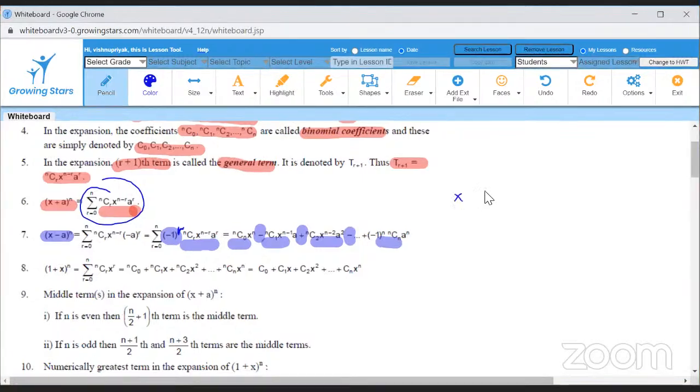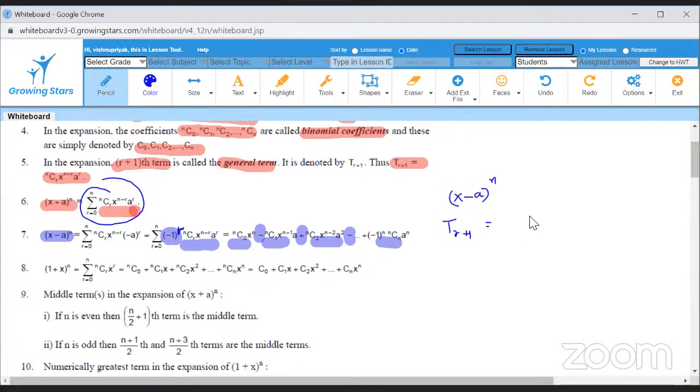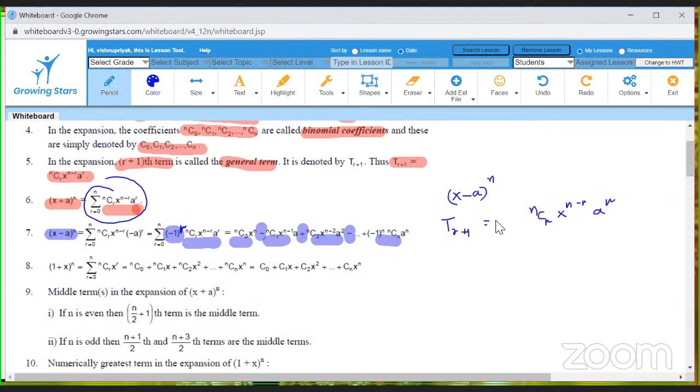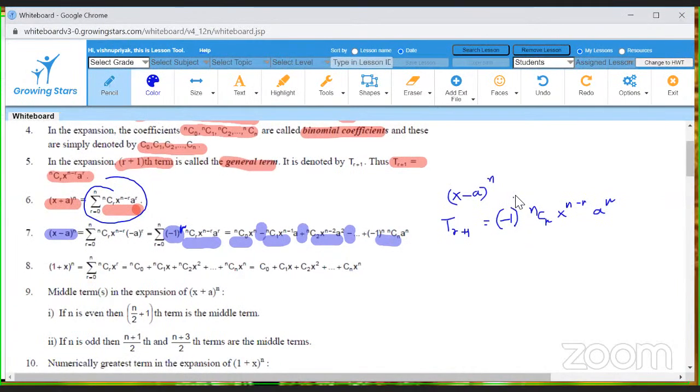So, in (x minus a) whole power n, the general term will be the same, NCr x power n minus r, a power r. But it can be plus or minus. That's why minus 1 power r.